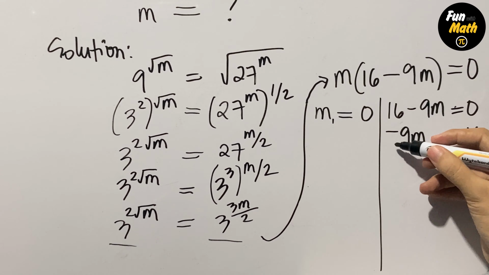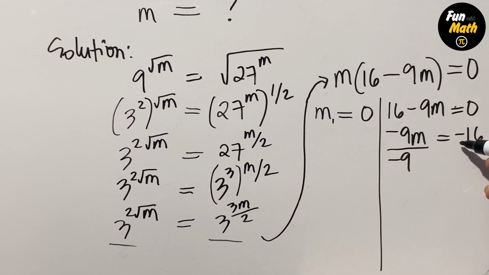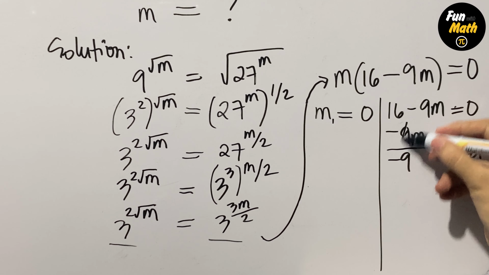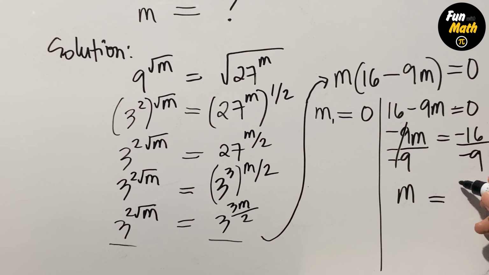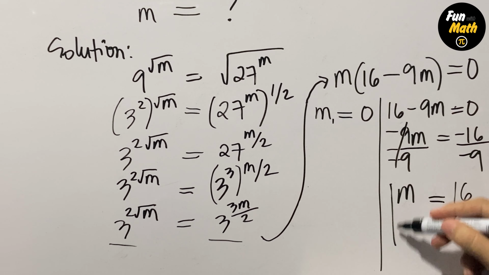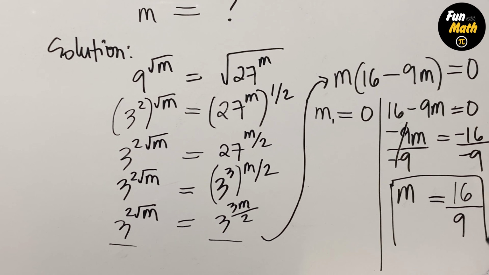And then let's divide both sides by negative 9. And the remaining is m is equal to negative 16 divided by negative 9, that is positive 16 over 9. And this is our second m. First m is 0. Second m is equal to 16 over 9.